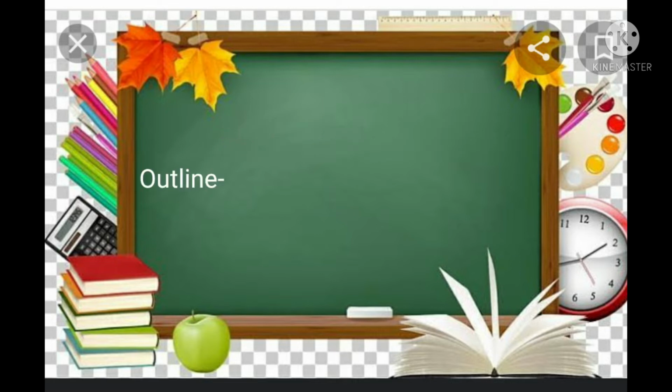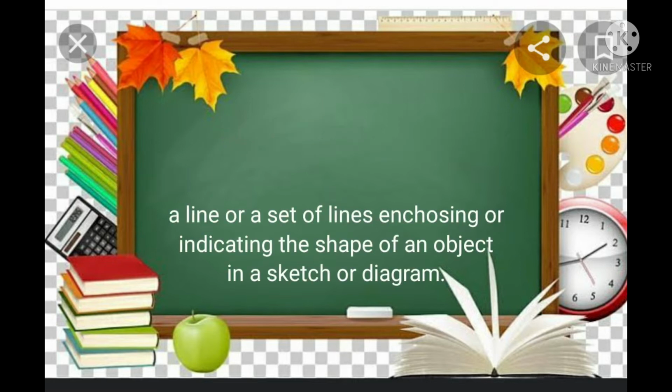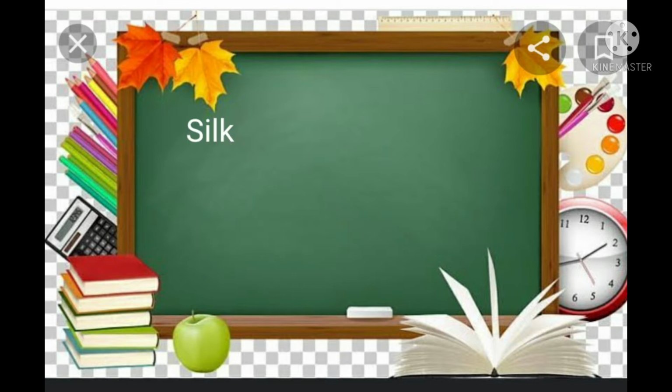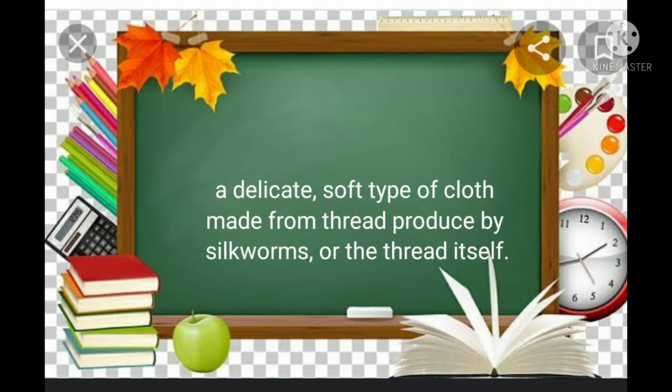Outline: a line or a set of lines enclosing or indicating the shape of an object in a sketch or a diagram. While silk is a delicate, soft type of cloth made from thread produced by silkworms, or the thread itself.